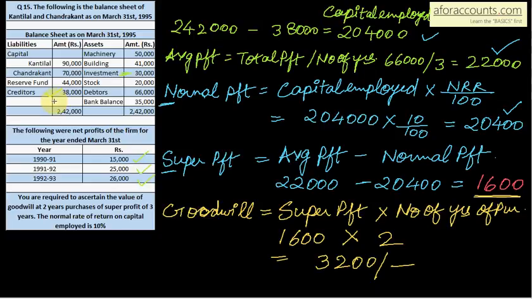Secondly, to find normal profit, you know that average profit will be used for super profit. So if average profit is not given, take the last years' profits divided by the number of years and find average profit, then start following the 3 steps: normal profit, super profit and lastly goodwill.